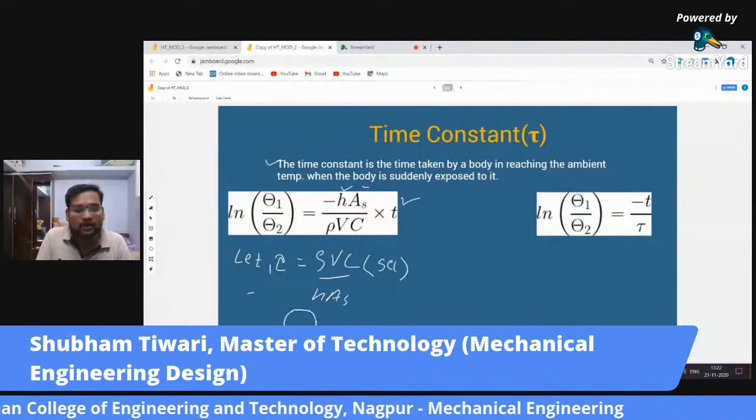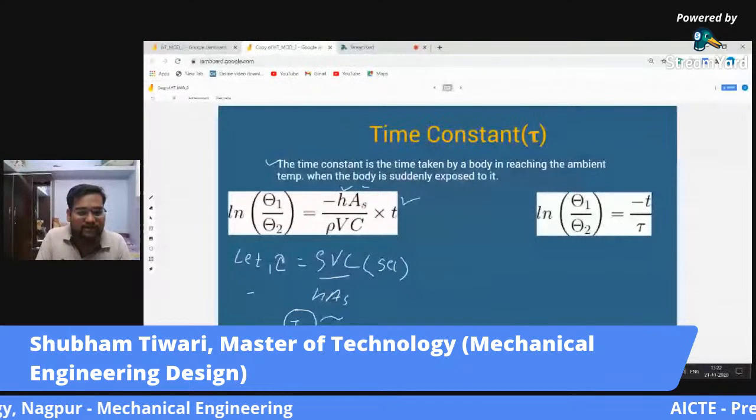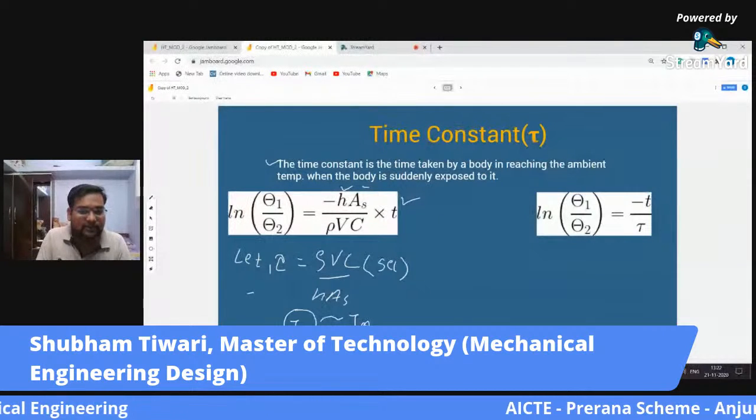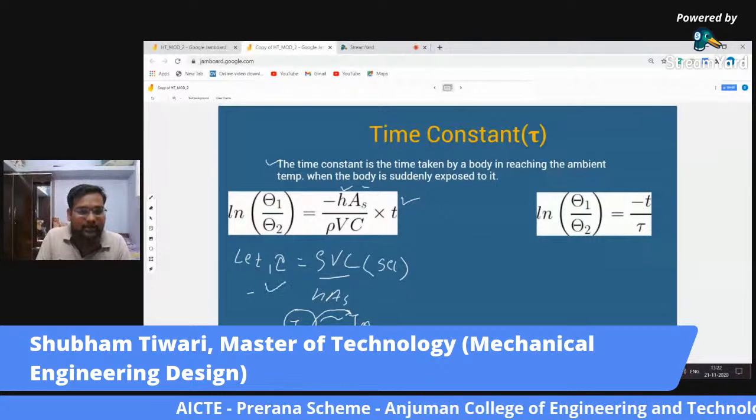So the body that was at temperature T1, when exposed to temperature T infinity, the time this body will take to reach the temperature T infinity is the time constant.